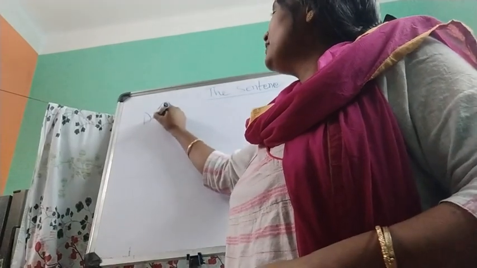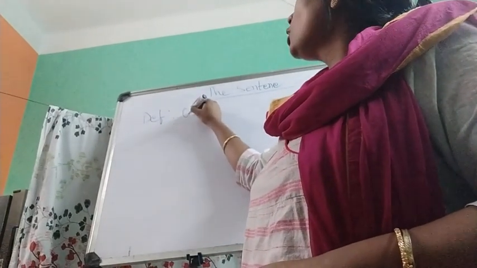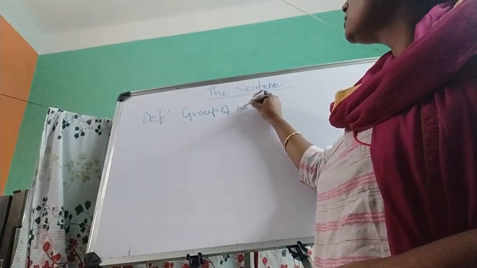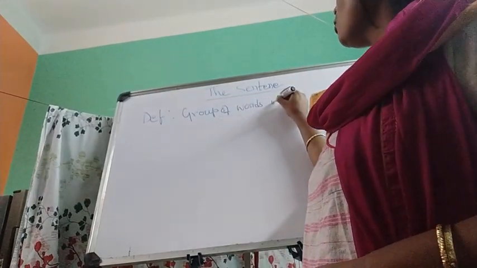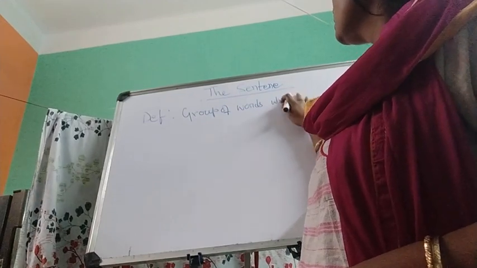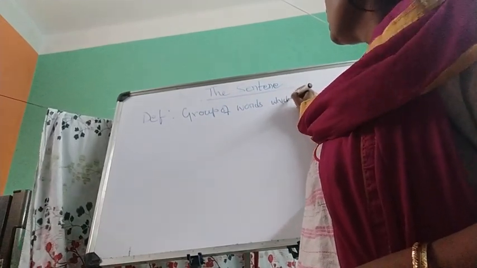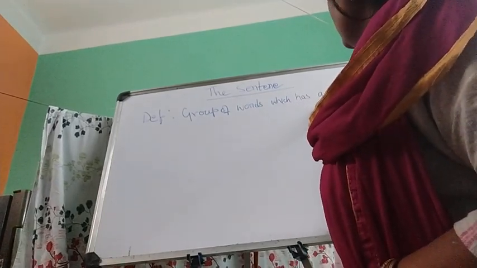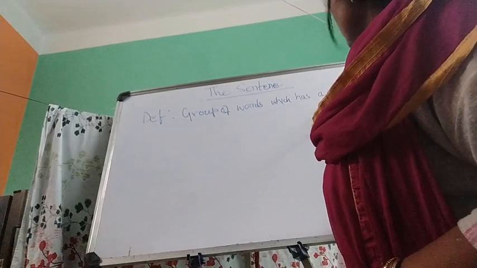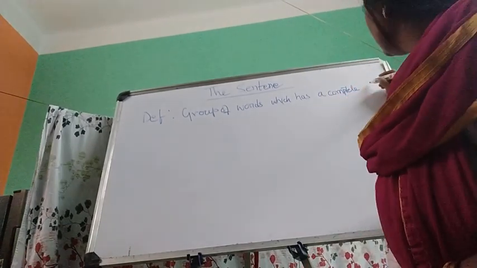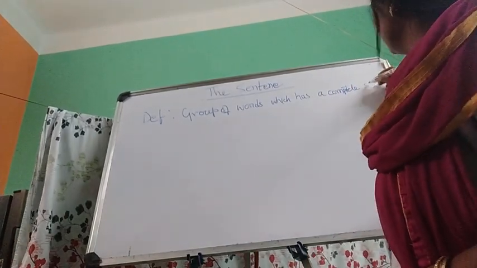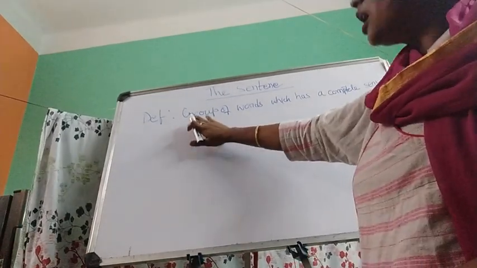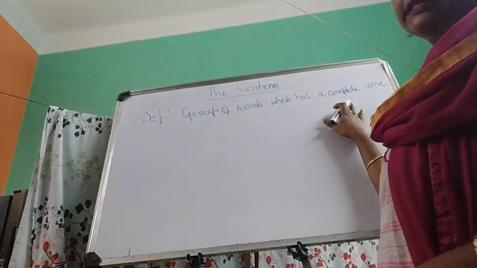If you go by its definition, then a sentence is a group of words which has a complete sense. So this is the first point. A group of words which has a complete sense.